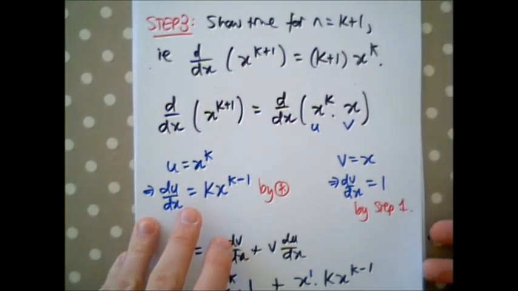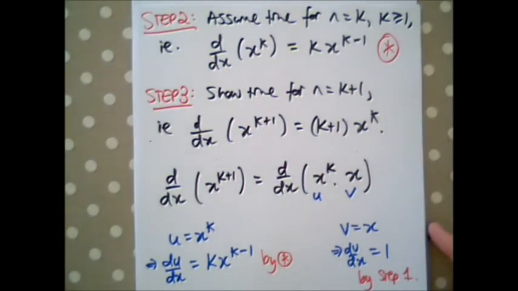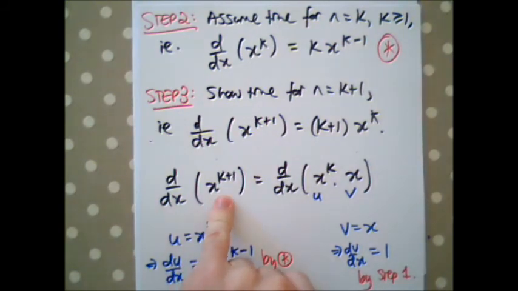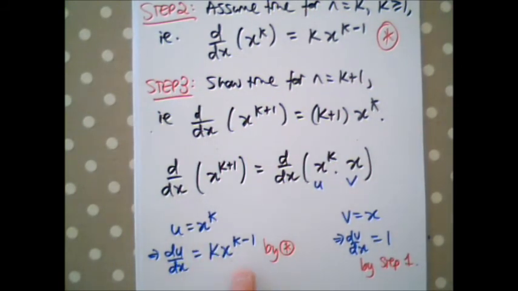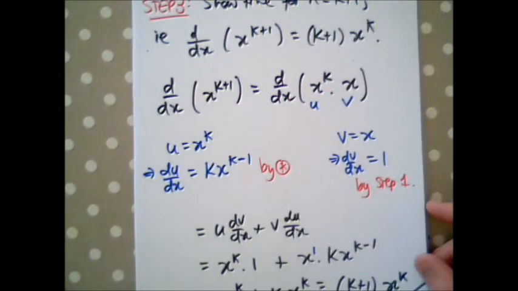Step 2 then is the usual, and for step 3, what we do is we break up this x to the k plus 1 as x to the k times x, and then we do the product rule. We know that when you differentiate x to the k, you get this, because that was star after all, and we know when you differentiate x, you get 1, because that was step 1. Put them all together, and you get the answer that we're looking for.